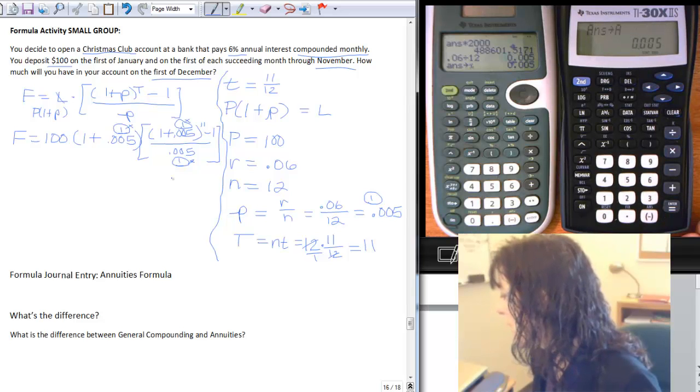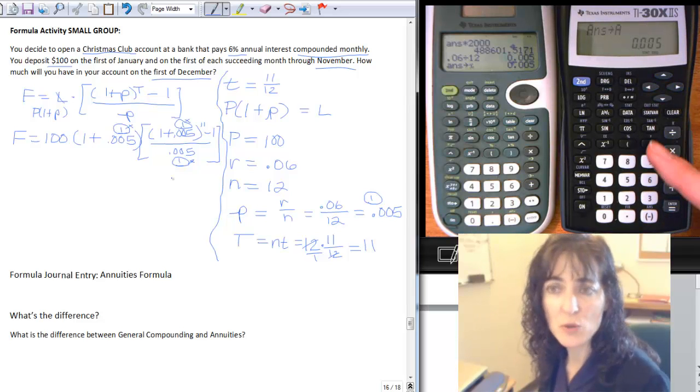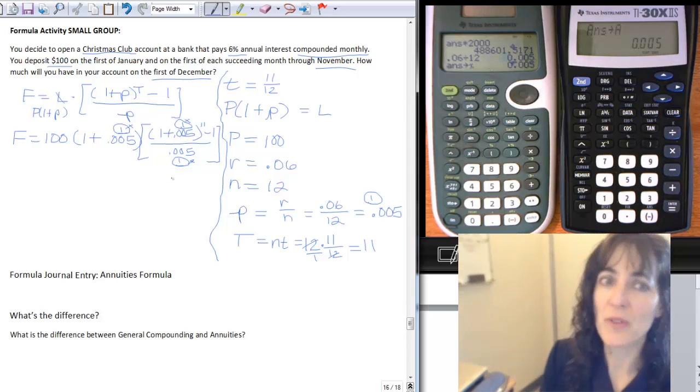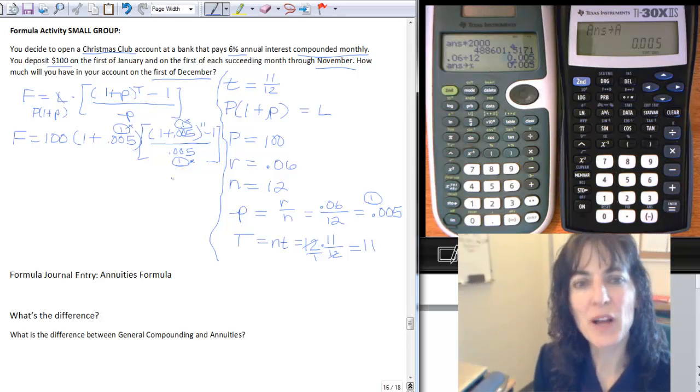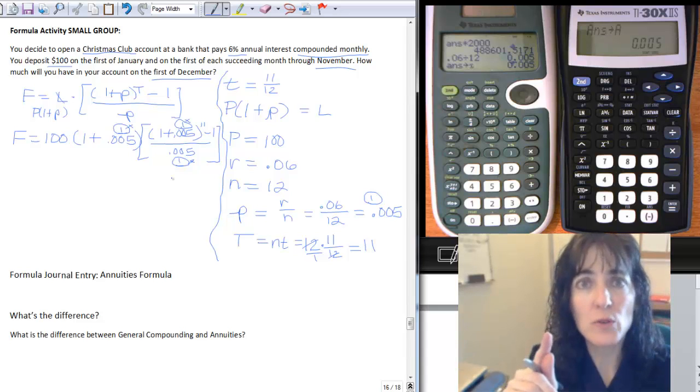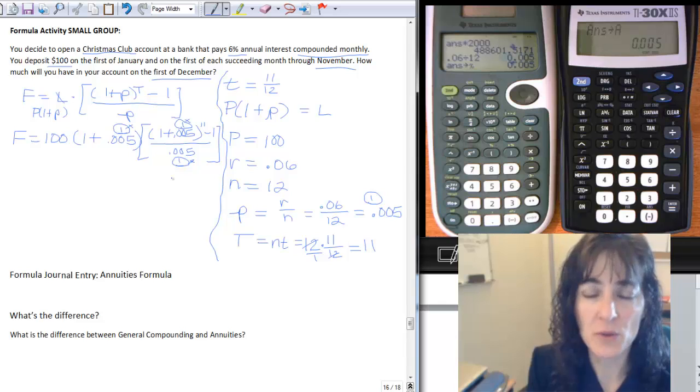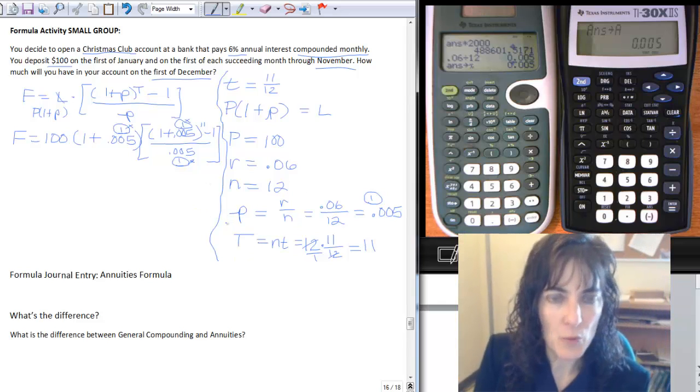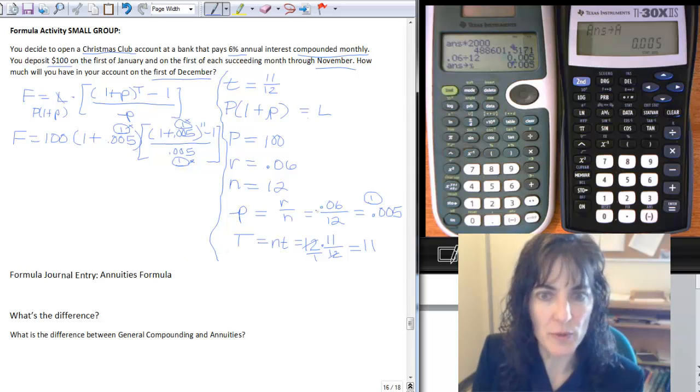I'll put that one in A, and I push enter, and now that's stored in A. So for this calculator, I would write A for all those little circle spots wherever I wanted the little P. If it comes out to a decimal that goes on, and I don't want to lose any precision, which you really don't want to lose on these problems, then I would use the store button.